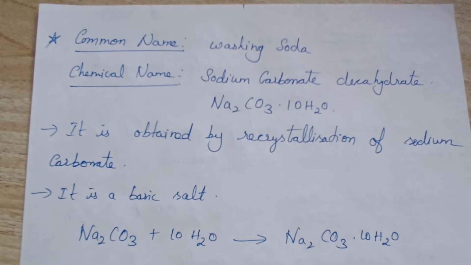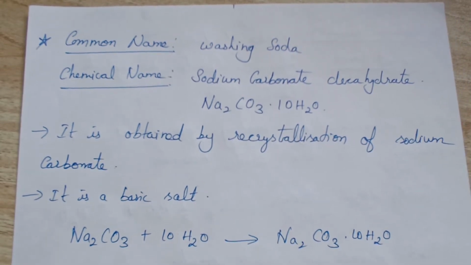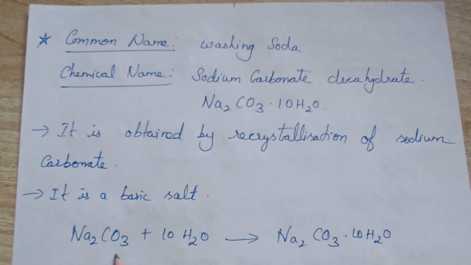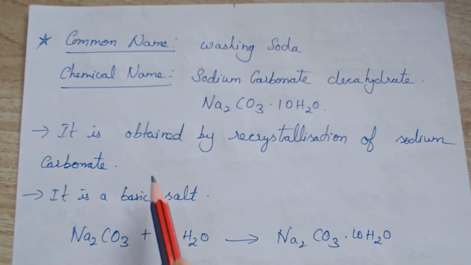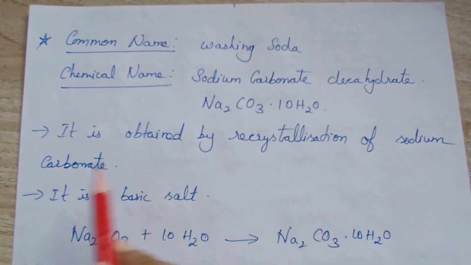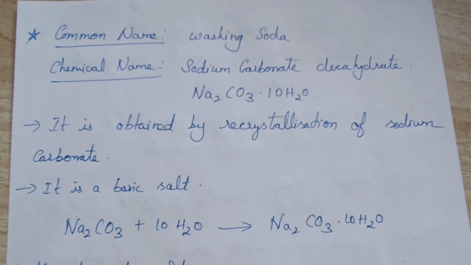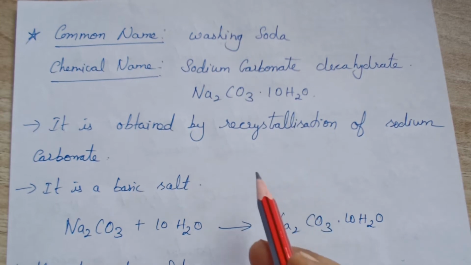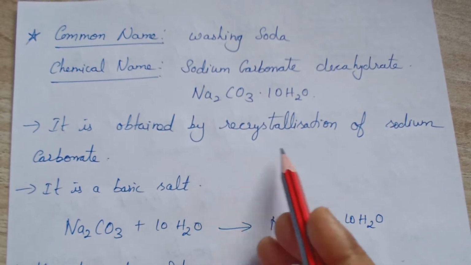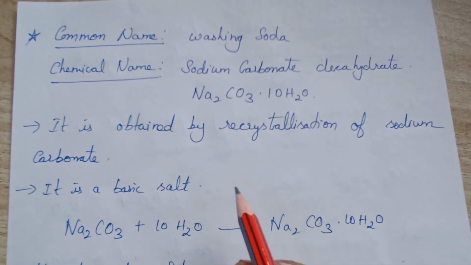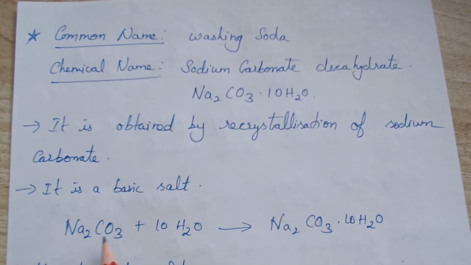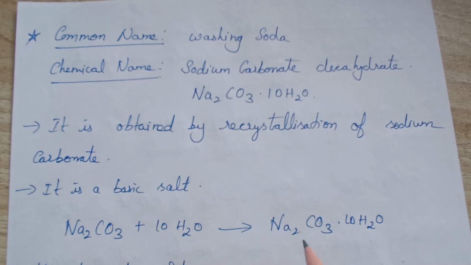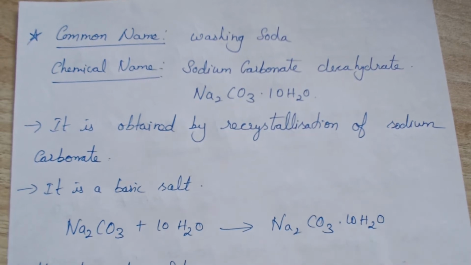Baking soda, when heated, gives sodium carbonate. That sodium carbonate we are going to use here. It is obtained by recrystallization of sodium carbonate. During the recrystallization process, when water is added, sodium carbonate plus 10H2O gives Na2CO3 dot 10H2O.